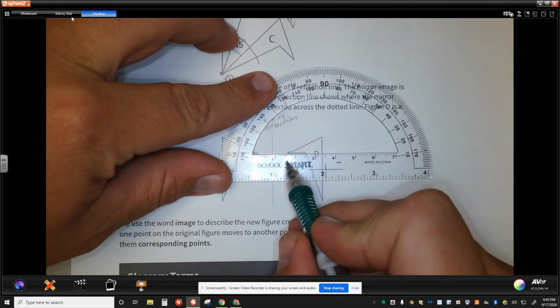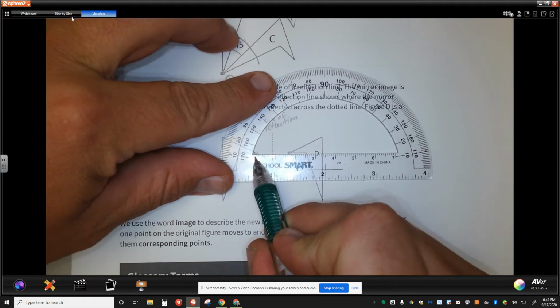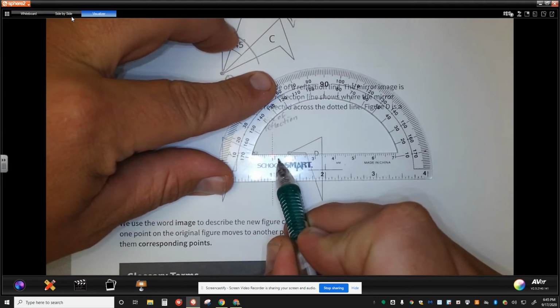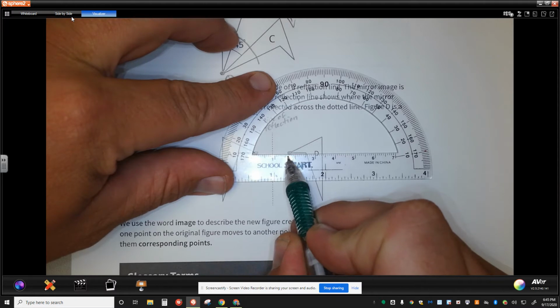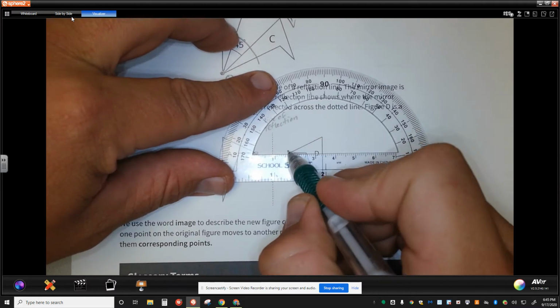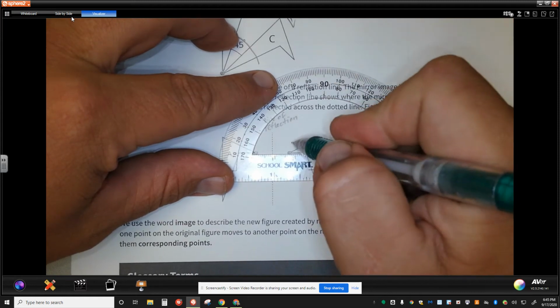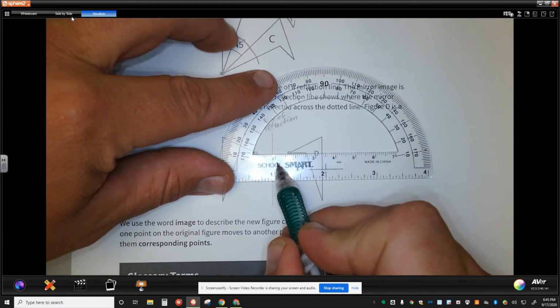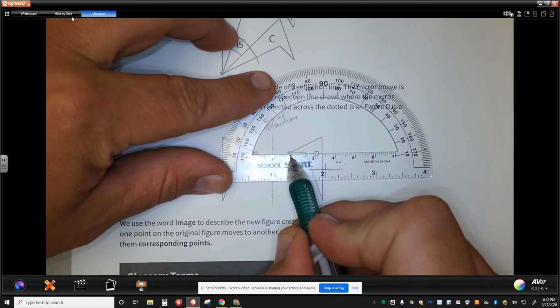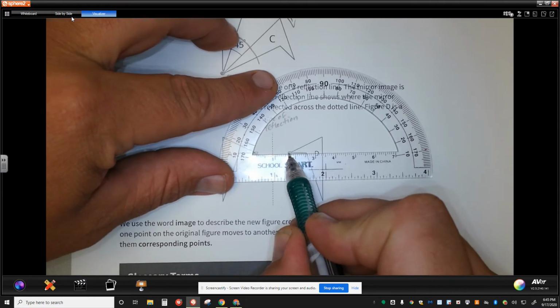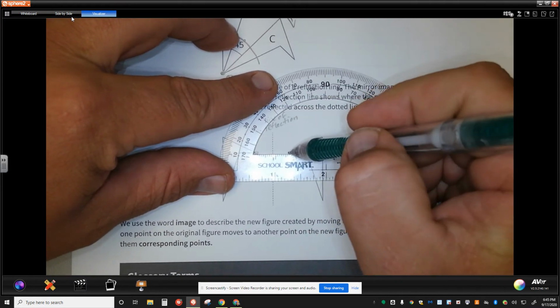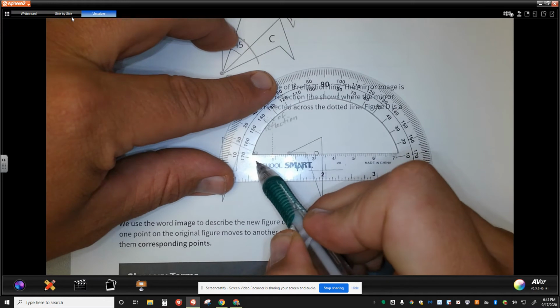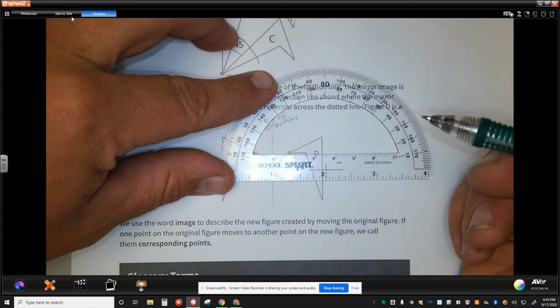It looks like about 17 millimeters, so that would give us about 8.5 millimeters on either side. And we see there's 5, 6, 7, 8 millimeters there.